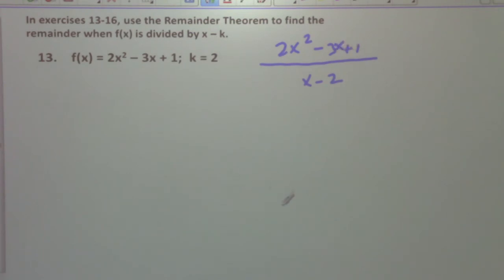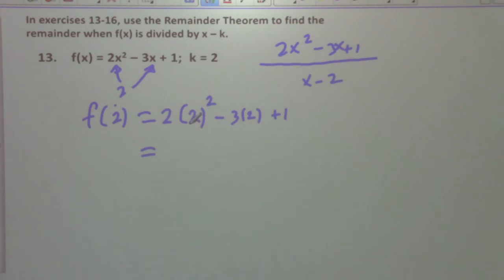Okay, so let's go ahead and use our remainder theorem. We'll put f of 2 is equal to 2 times 2 squared. What we're doing is plugging 2 in for each x here, and then we'll have minus 3 times 2 plus 1.